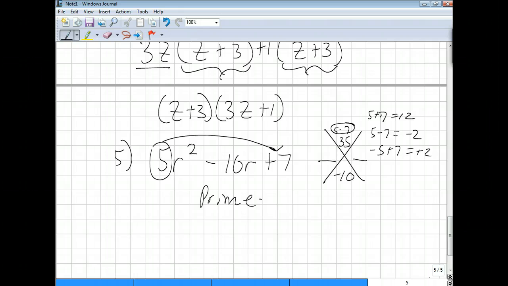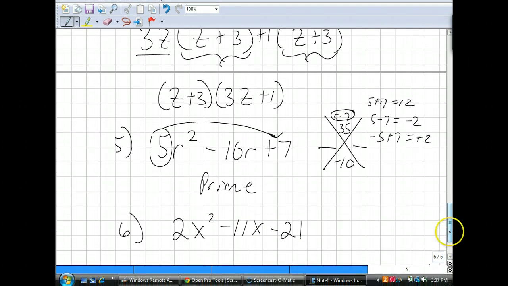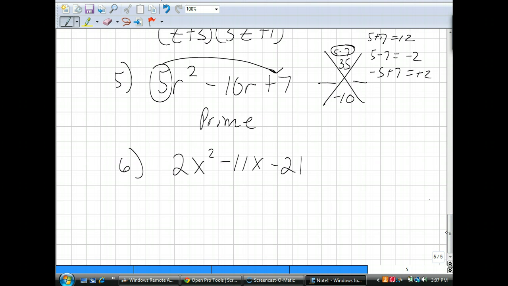All right, let's do one more, number 6. 2x squared minus 11x minus 21. Step number 1, any common factors? No. Step number 2, how many terms? There are 3, so that means I'm going to do the x.